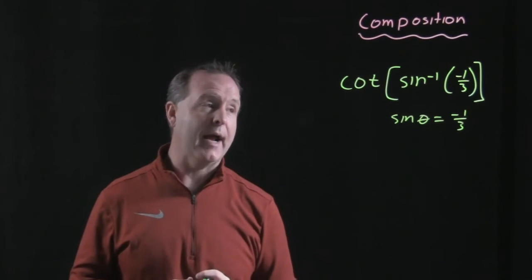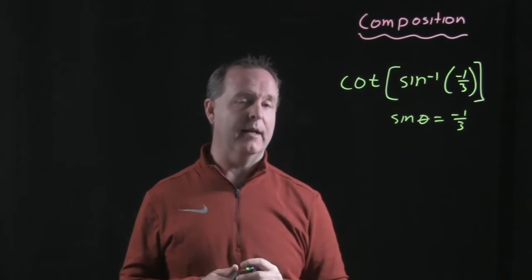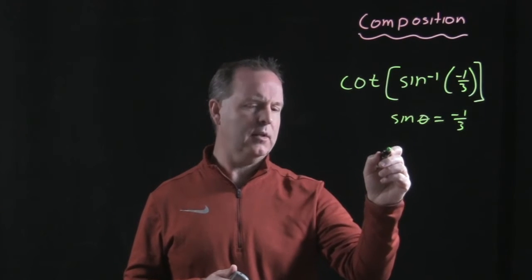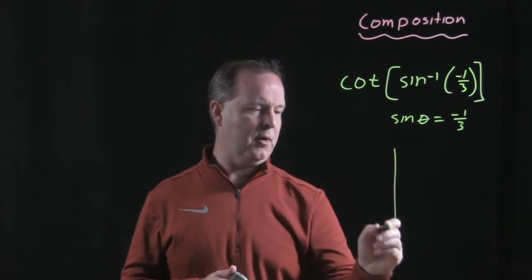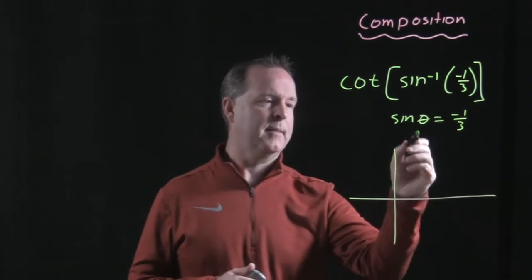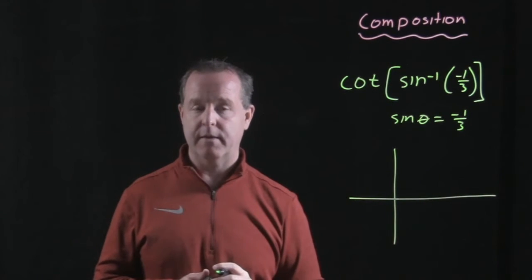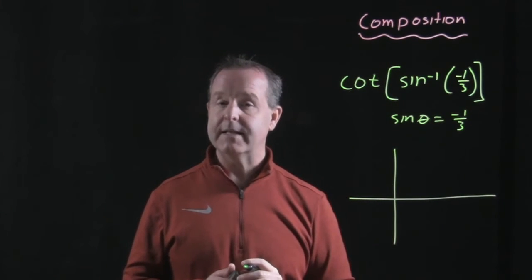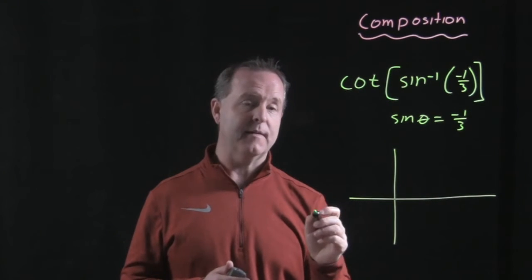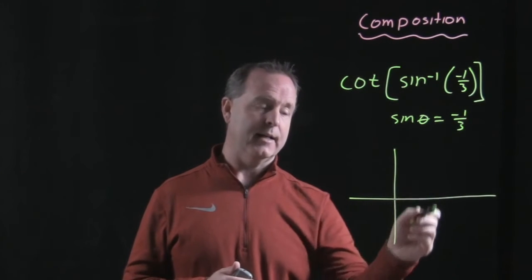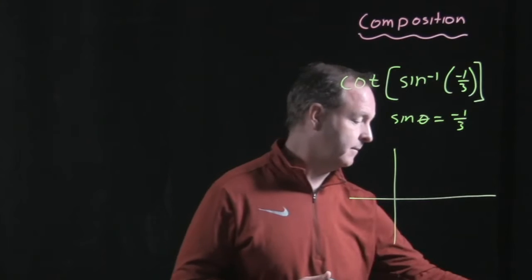So where is that true on my interval that I'm allowed to look at? Well, let's draw a picture and see if the picture helps us out a little bit. Sine of theta is -1/3. All right, if it's negative, that tells me then that I'm going to have to be in the fourth quadrant.